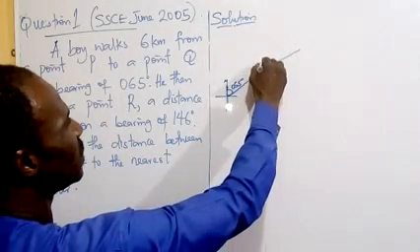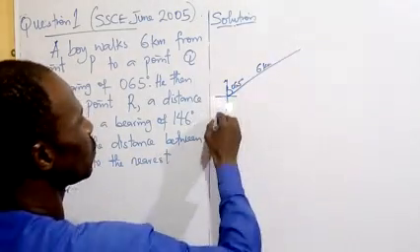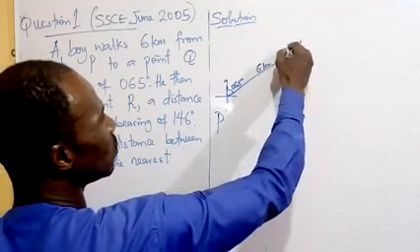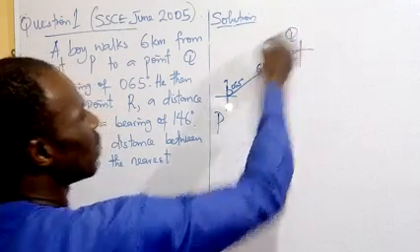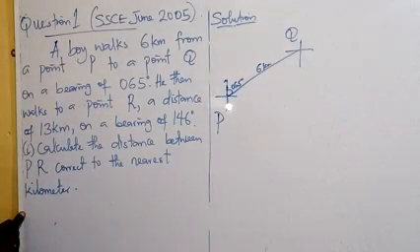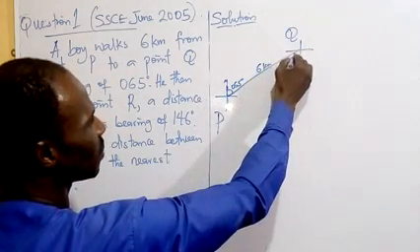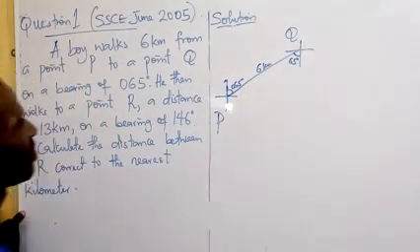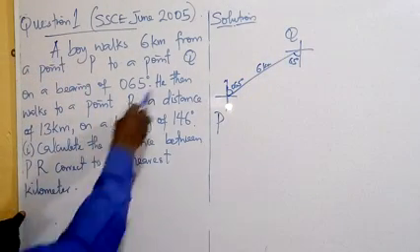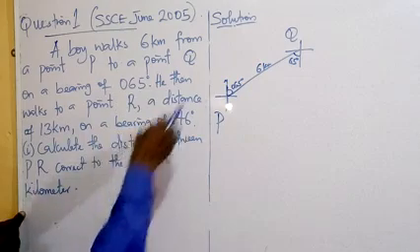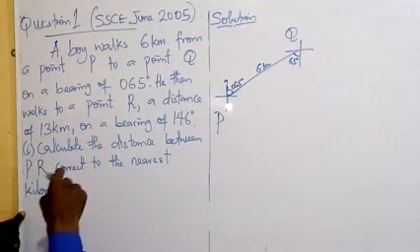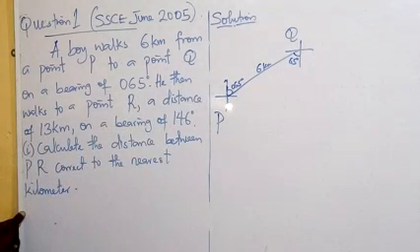I draw 6 kilometers from this point P to point Q. That's our point Q. And don't forget the alternate angle, which is also 65 degrees. Then he walks to a point R from Q, a distance of 13 kilometers on a bearing of 146 degrees.